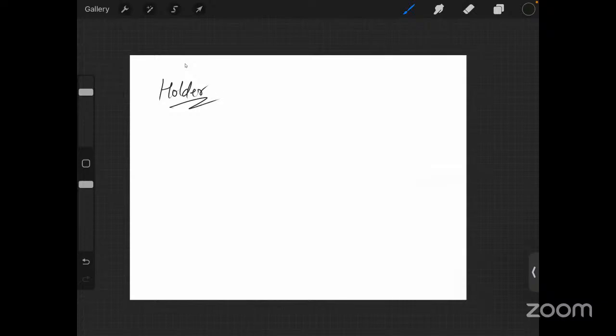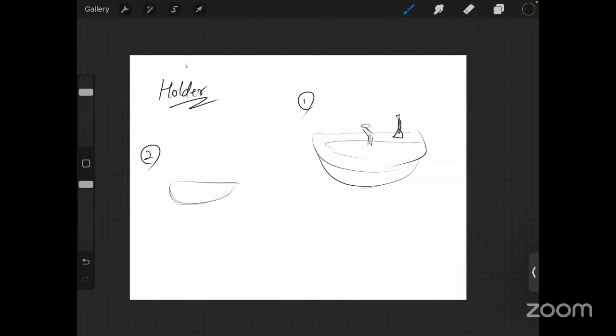Now there are multiple ways of using the holder, right? You can keep it on the wash basin, and imagine you have a holder over here. That's one solution. Now what if we have the wash basin again, and this could be the mirror, and you have a holder over here where you keep the brush.